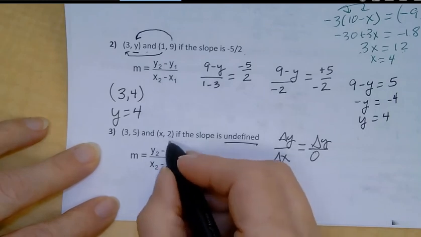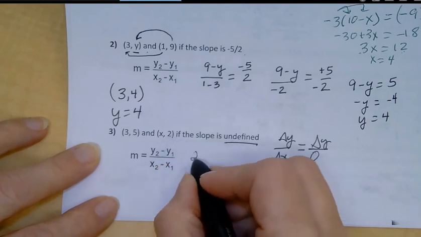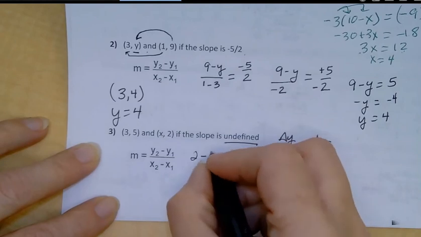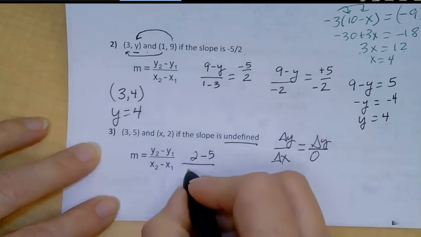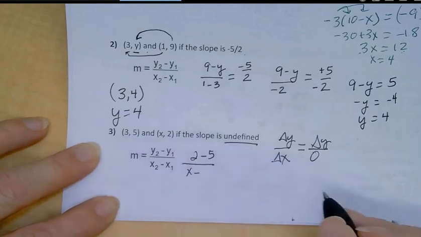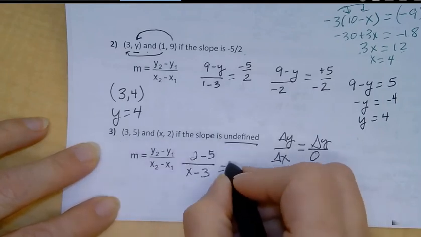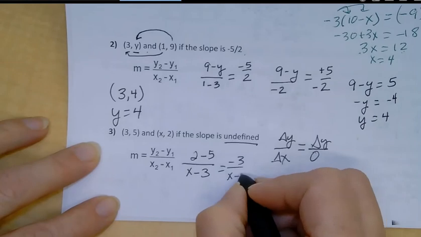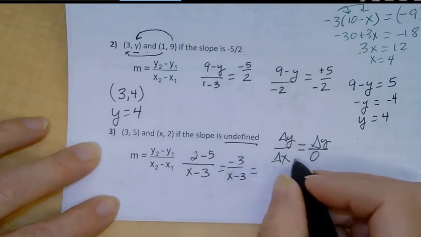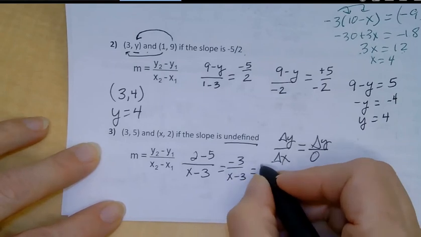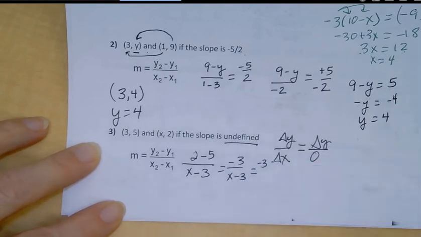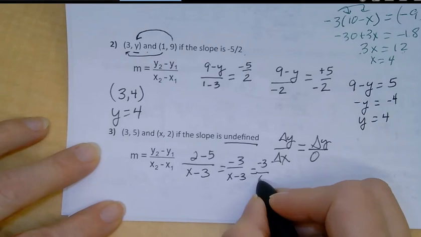So I'm going to say y sub 2, which is 2, minus y sub 1, which is 5, over x sub 2, that's x, minus x sub 1, which is 3. So I have negative 3 over x minus 3 has to equal something over 0. Again, we can just say negative 3 because that is the change in y that we had, over 0.